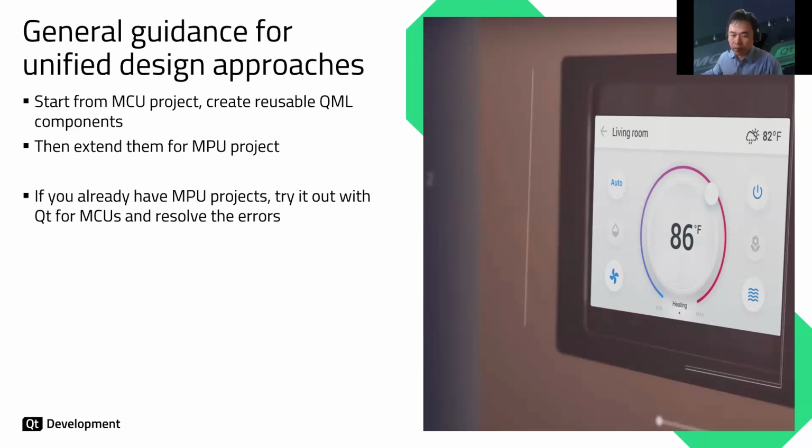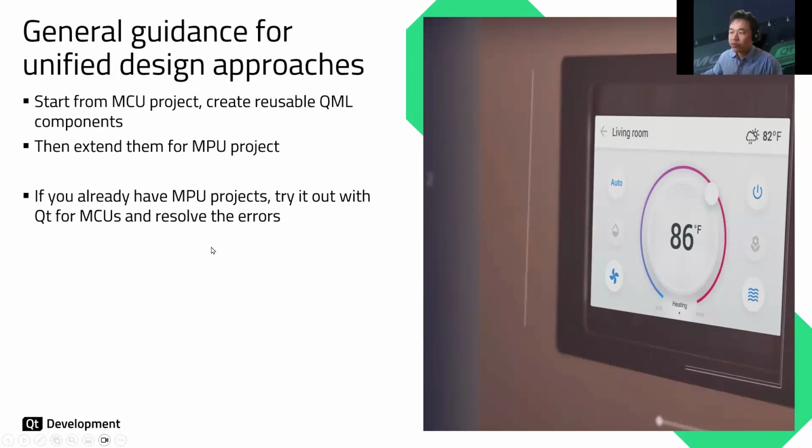Because Qt for MCU is a subset of the full Qt, normally you will not have too many problems when you merge that into the MPU projects. So this is easier if you want to have a unified design or to reuse those in different projects.